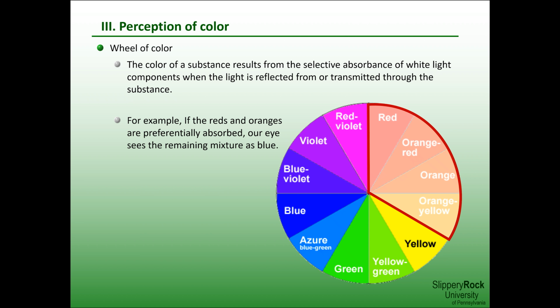What remains, primarily blue light, reaches our eyes, so we perceive the solution as blue. Conversely, if a substance absorbs blue or violet light, the remaining colors, mainly yellow or orange, are transmitted or reflected, making the solution appear yellow or orange.